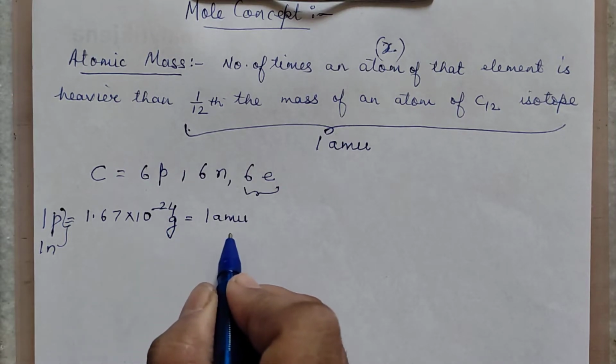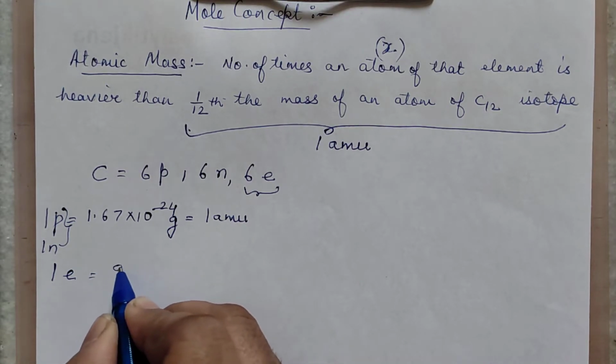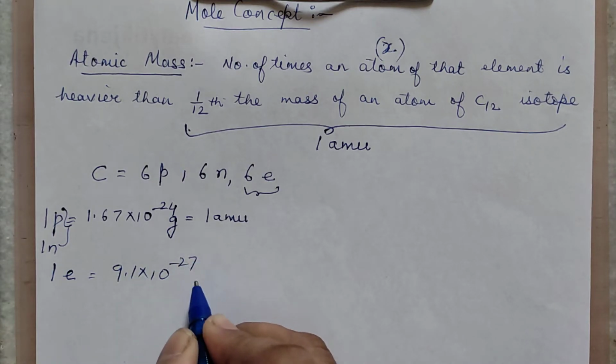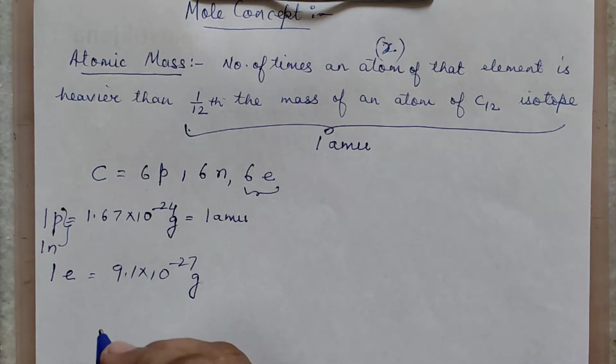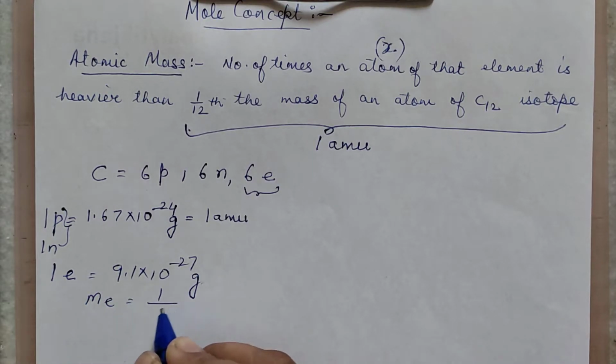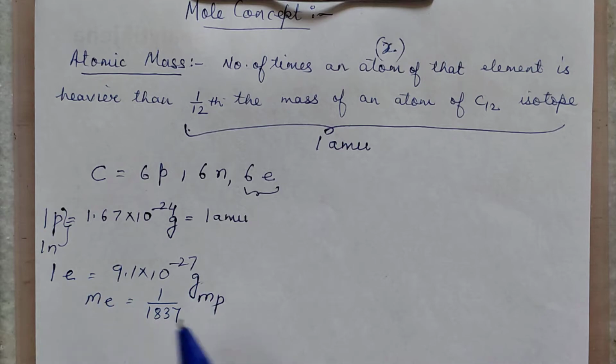So this is 1 AMU, and the mass of one electron is 9.1 into 10 to the power minus 27 grams. Right, so I can write that the mass of a proton is nearly 1837 times the mass of an electron. So the electron mass is very negligible, so we will not include it.